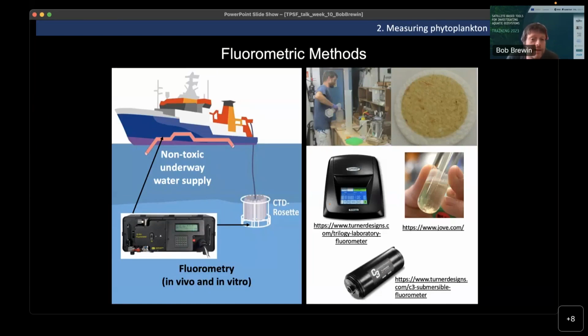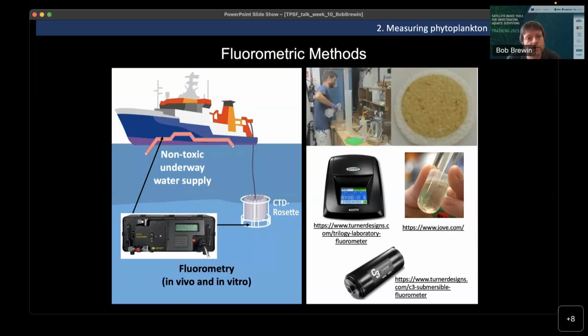Now that can either be from a CTD rosette, so you lower the CTD vertically throughout the water and you snap the Niskin bottles shut at various depths, and you can take that water on board and you can filter it, and then you can put the filters into some chemicals to extract the chlorophyll concentration, and then you can measure that in a fluorometer. That's one way of doing it.